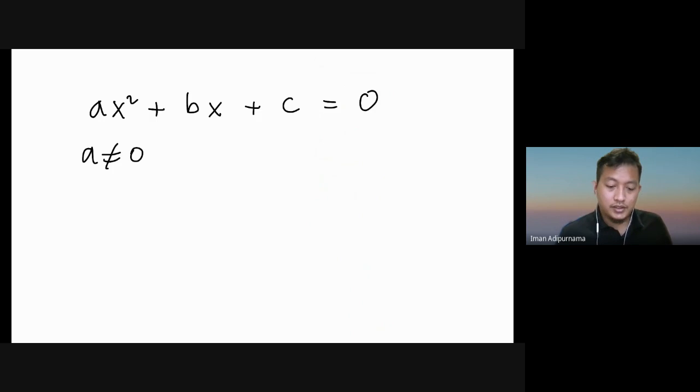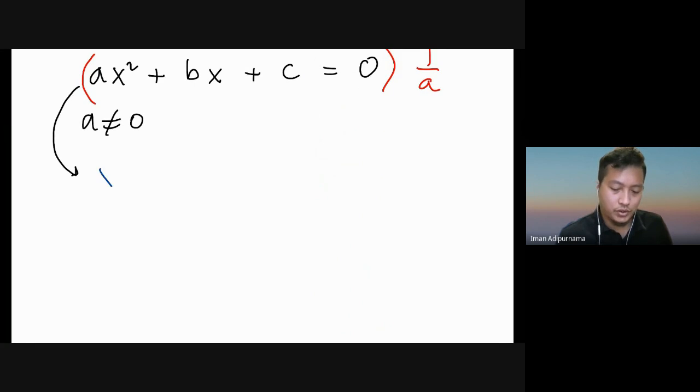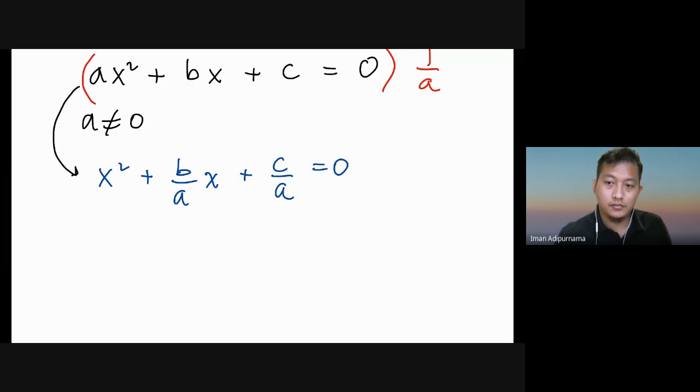So let's say we have this, and what we are going to do is multiply everything by 1 over a. So this becomes x squared plus b over a x plus c over a. And then I will move the c over a to the right side.